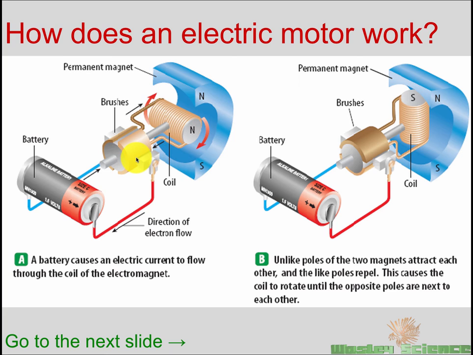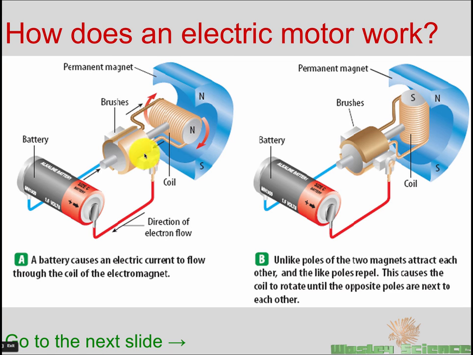And when it switches, the south pole becomes the north pole, so north is with north and south is with south. What happens to a magnet in that situation? It repels, so it launches the magnet to continue to spin.